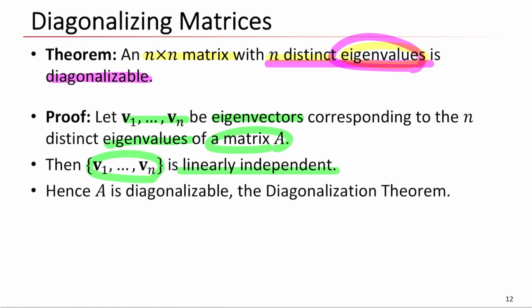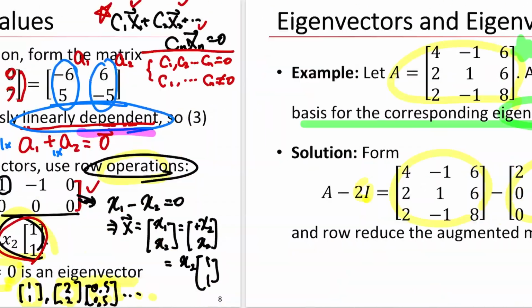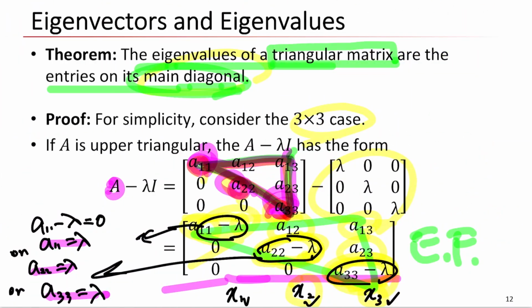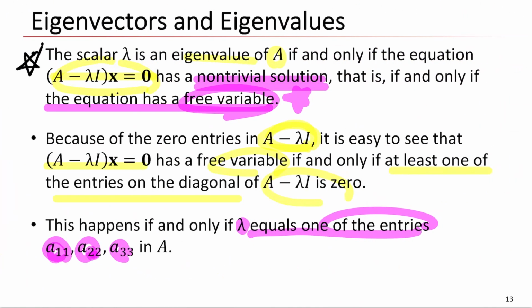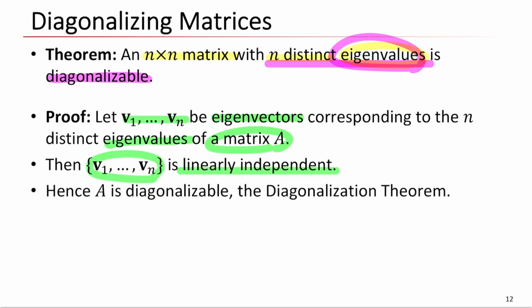In lecture 13.1, we already talked about this theorem: if we have distinct eigenvalues, then the eigenvectors are linearly independent.